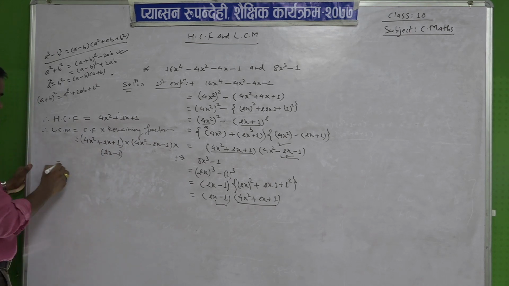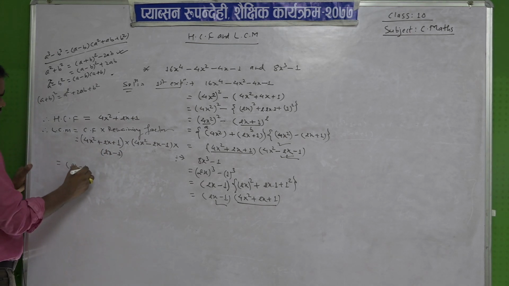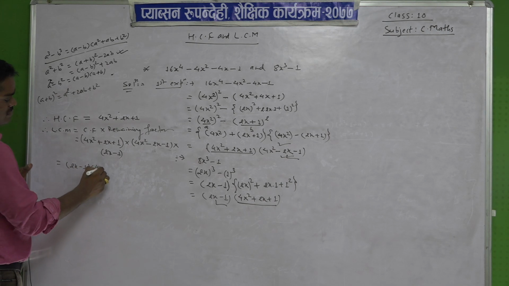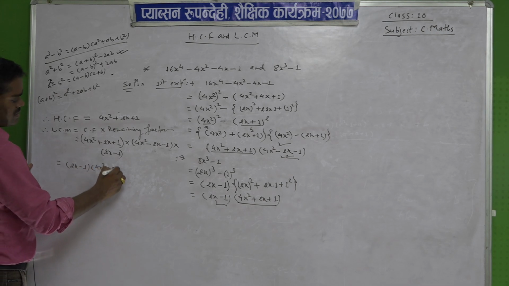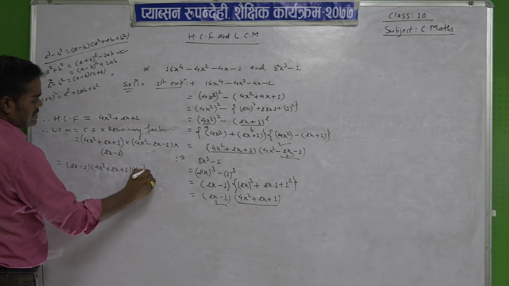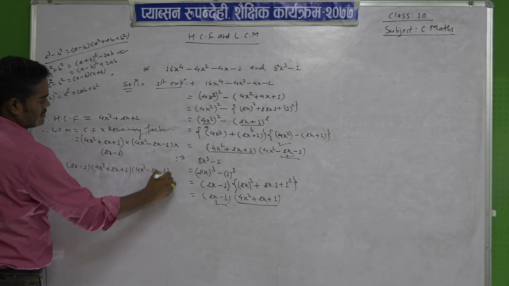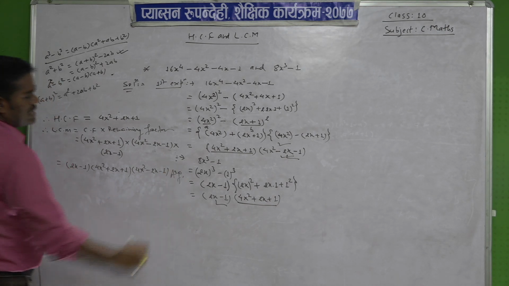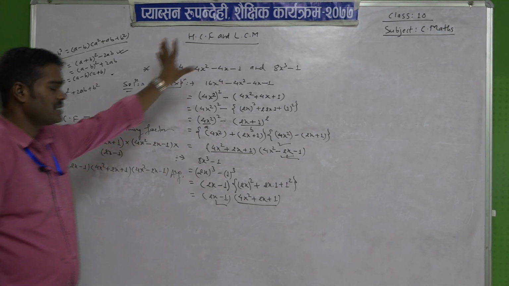So, you can write lastly 2x minus 1, 4x square plus 2x plus 1 and 4x square minus 2x minus 1. This is the answer of the LCM of these expressions.